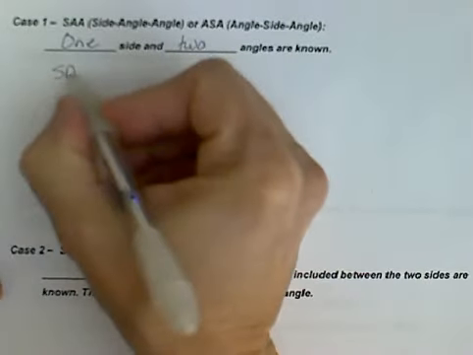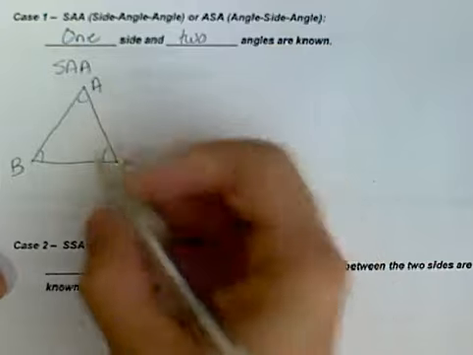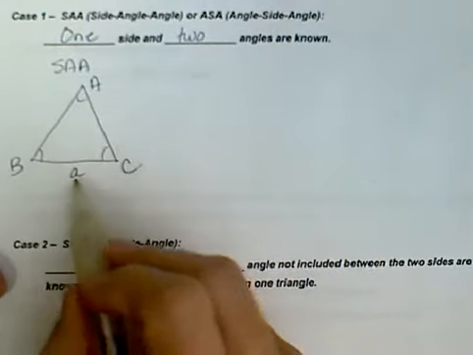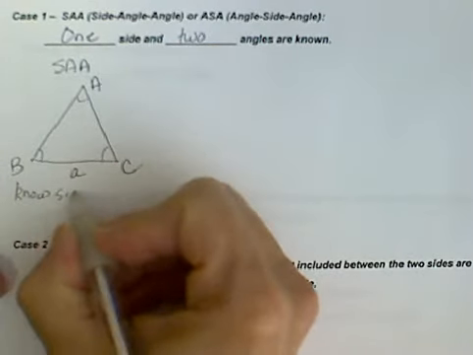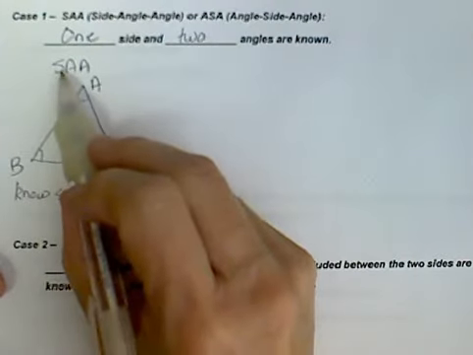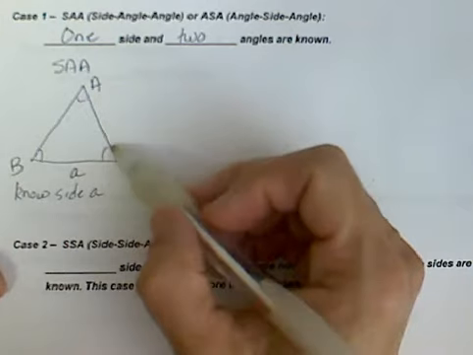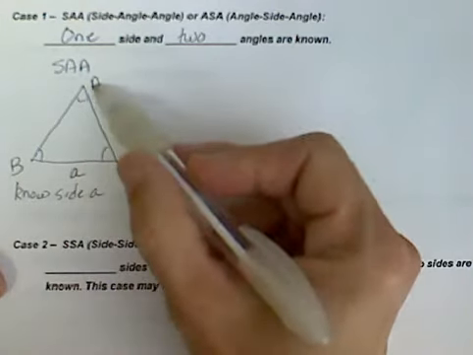With SAA, let's say that we know side A. Since it has the S and then the A and the A, the side that we know is not between the two angles, but we have the side and then two angles after that.